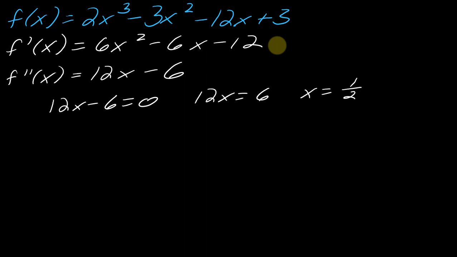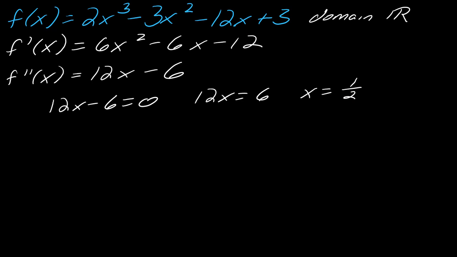Now here's the part that's going to feel very similar to the first derivative test. I once again want to make some intervals around the domain, and I'll remind you that the domain is all real numbers. I'm going to split up this domain according to this potential inflection point.